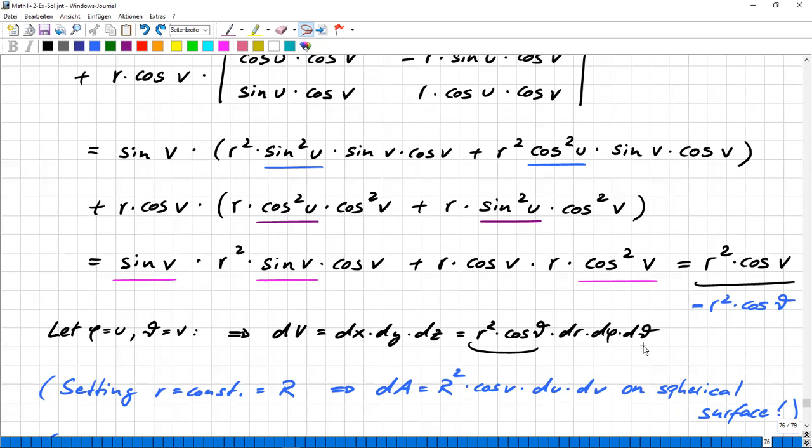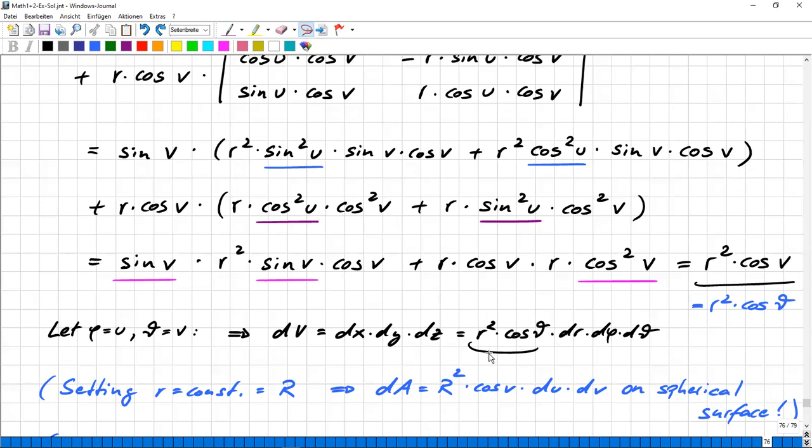More in detail, I can tell you that the correction for the differential theta is just a factor of r, while the correction for the phi differential is the remaining factor of r times cosine of theta. So that's the interesting way how this Jacobian, which we calculate purely algebraically, is to be explained in a geometrical manner.